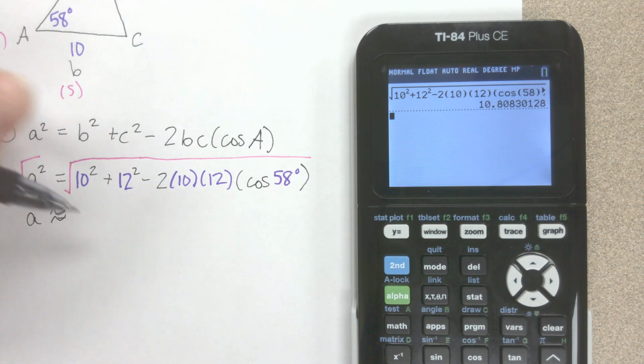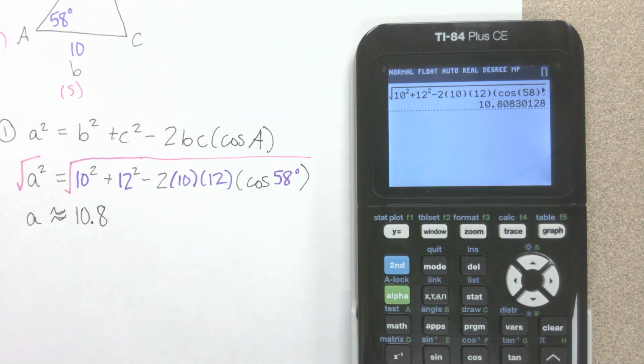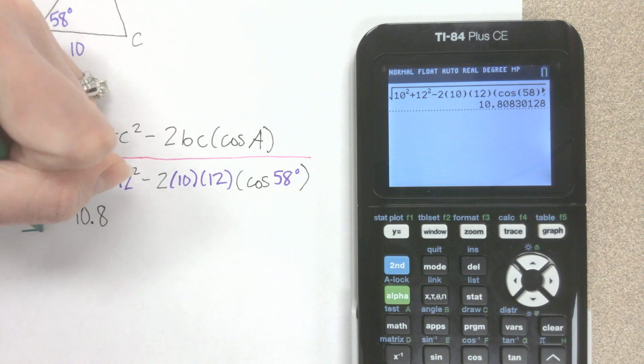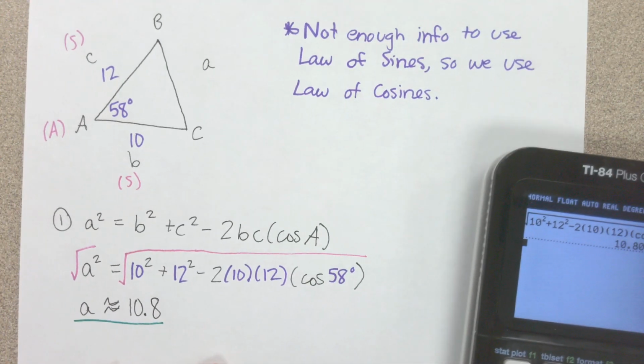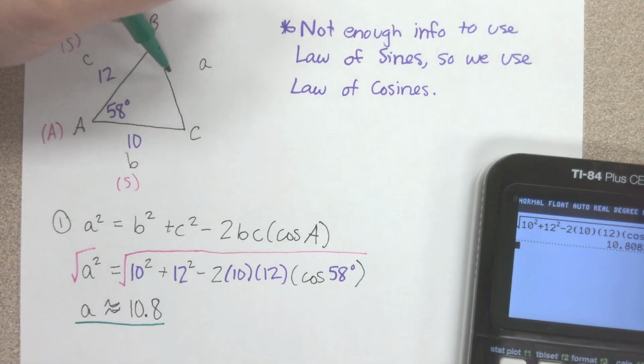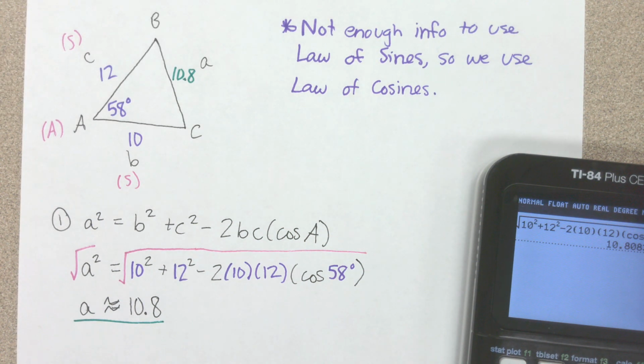If you did that correctly, you should get 10.8 when you round. So we got 10.8 for A.